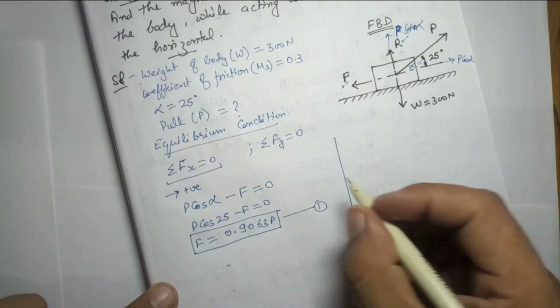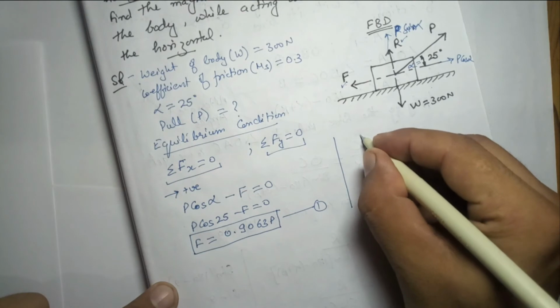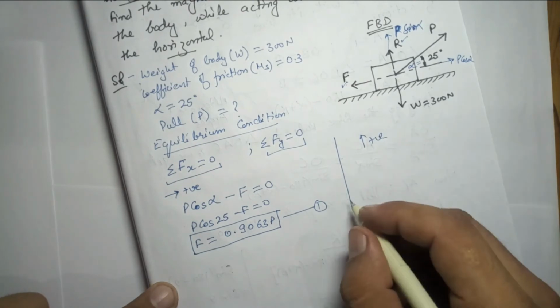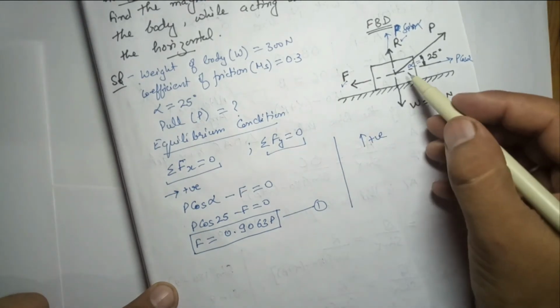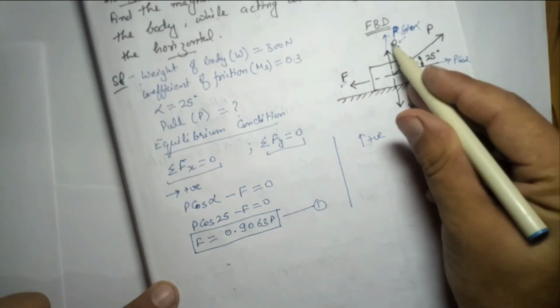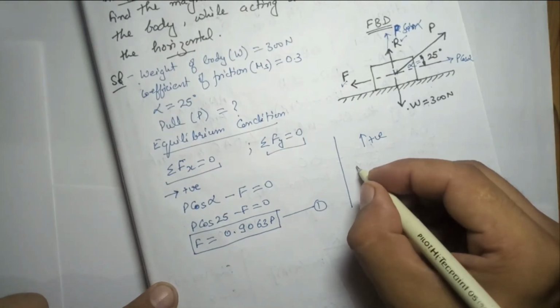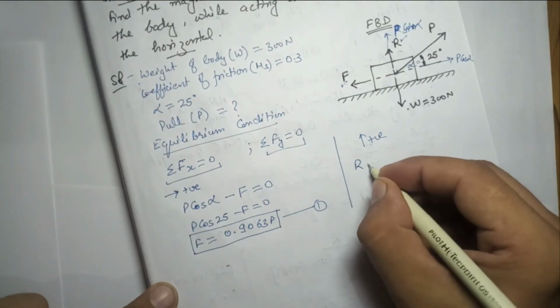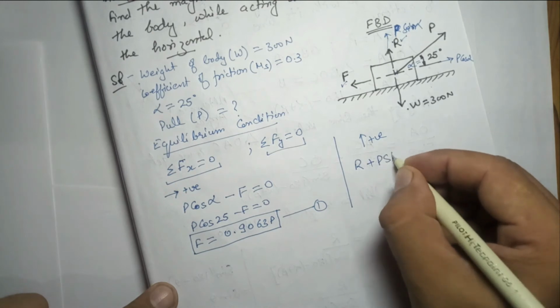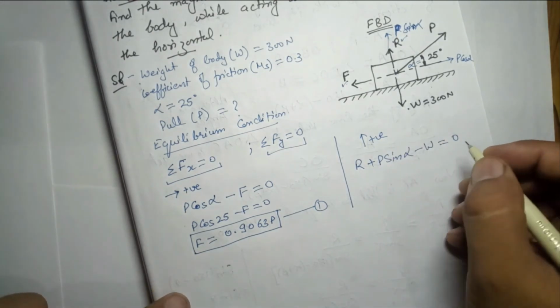Now when I apply the second, sum of y direction forces is 0, we can say upward positive. Let's see the various forces: upward normal reaction, upward P sin alpha, and downward weight. So the equation will be normal reaction R plus P sin alpha minus W is equal to 0.